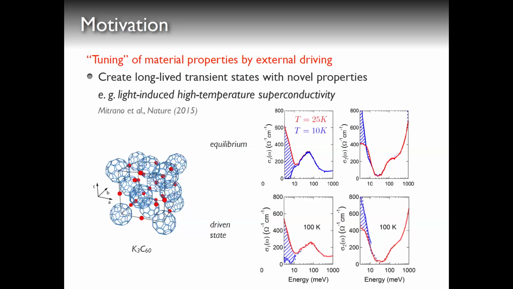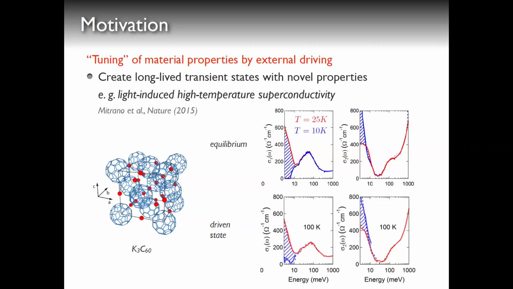Also in fullerite compounds, there have been reports of light-induced superconductivity. So here I show you how the equilibrium conductivity changes if we go from above the equilibrium Tc to below the equilibrium Tc in case for A3C60. So the equilibrium Tc is about 20 Kelvin.